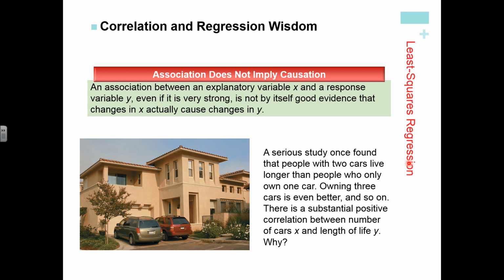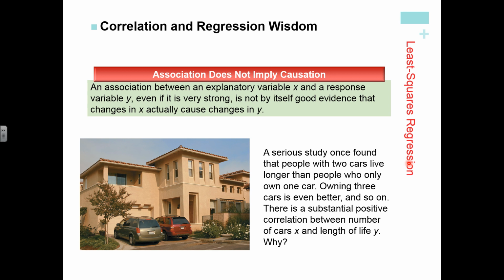So the thing here is we see a relationship. We know there's some type of association there. I see that people that live longer have more cars. But is that to say that because you have more cars, you're definitely going to live longer? Is it saying that the fact that you had more cars is what's causing you to live longer?